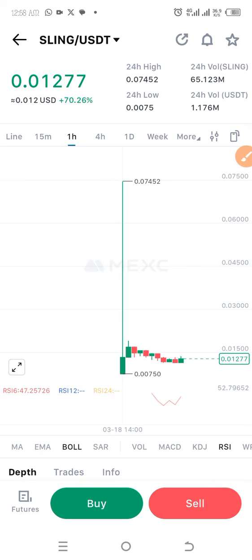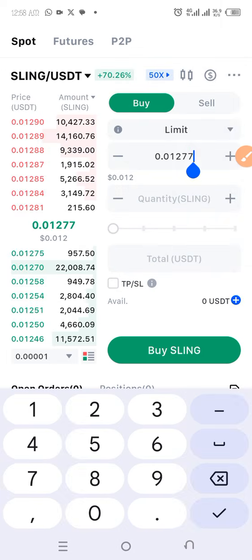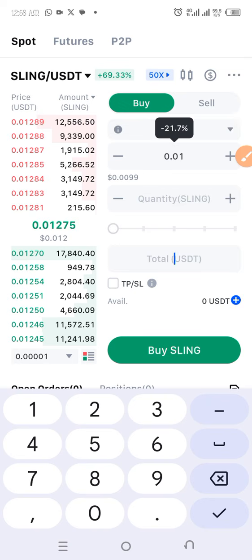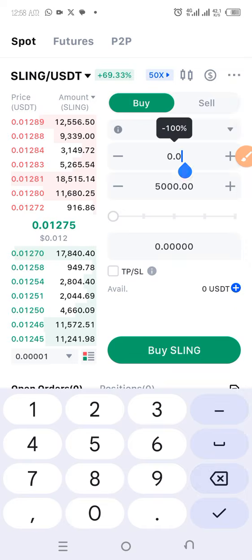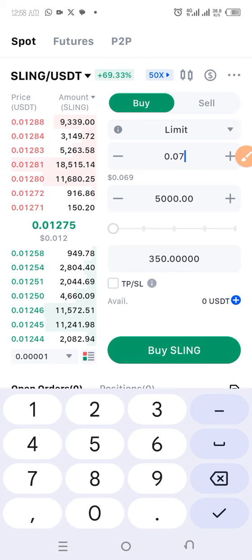Let's assume you invest your $50. It was selling at around 0.01 and you invest maybe $50, and it was listed at 0.07. That means you will have made roughly $300 using this IDO process.